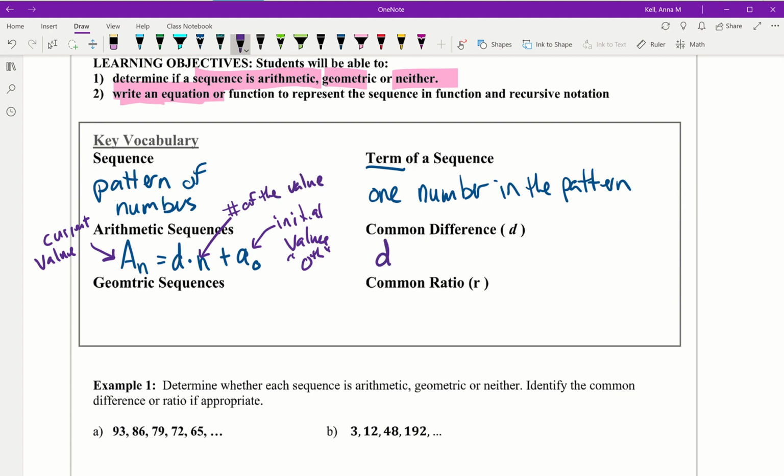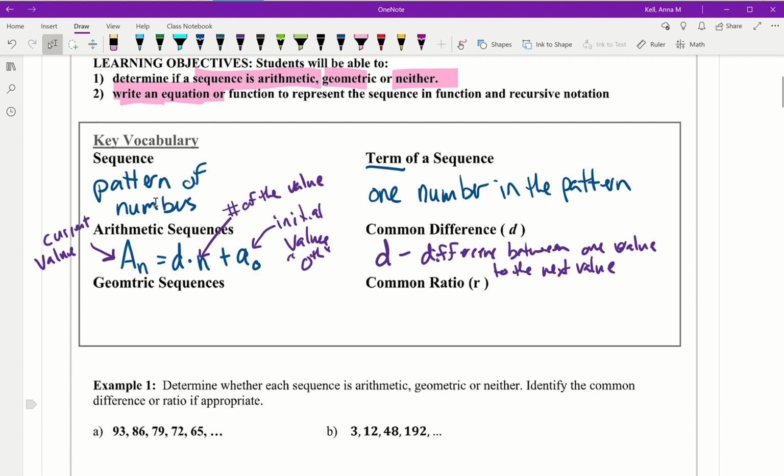And then d is this thing called the common difference, okay? It is the difference between one value and the next value. What I want to dive into here on the arithmetic sequences is that you should recognize when an equation is in this pattern.